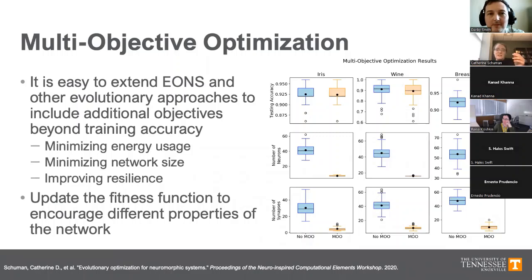And you are simultaneously wanting to maximize accuracy on the training set and minimize network size in terms of number of neurons and number of synapses. A good local optimum in the design space is no network whatsoever, because it has 0 neurons and synapses, which is the best possible thing you can do, and it gets 50% accuracy on your training set because it's always giving the same answer.